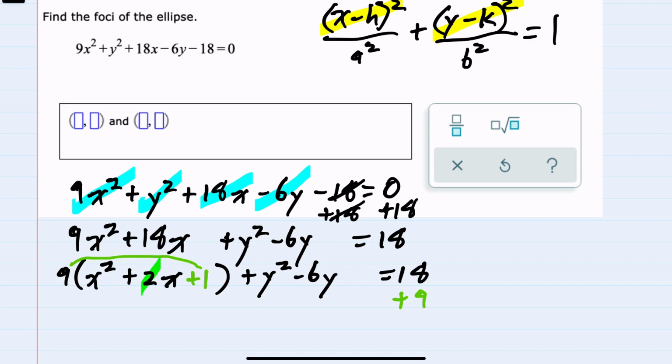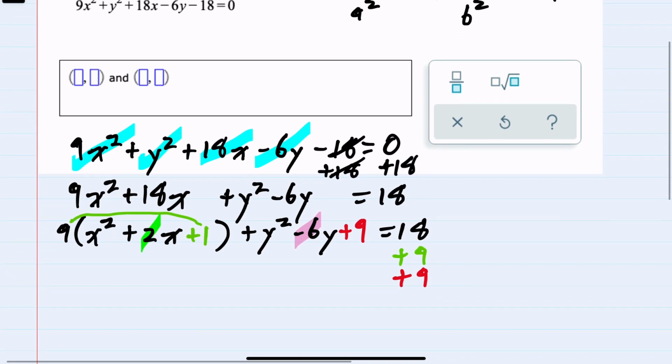And then for the y's, I don't have that leading coefficient factored out. So completing the square, I would take half of the 6, which is the middle term. That would give me negative 3 squared is 9. So here I'm adding a 9. And again, if I add 9 to the left, I must also add 9 to the right.